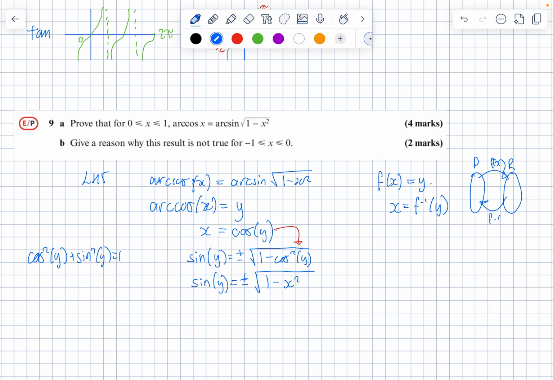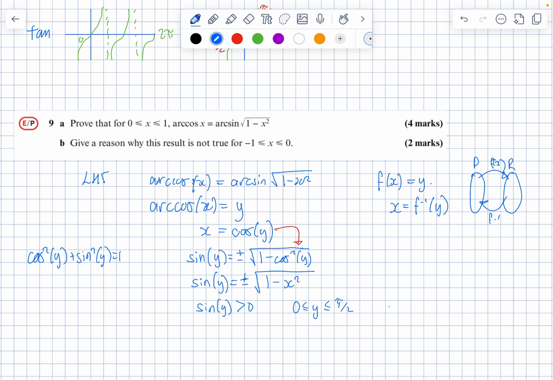Now, as we know that x is between 0 and 1, and we know that sine of y is greater than 0, that means that y must be between 0 and pi over 2, because that's where our curve is positive.